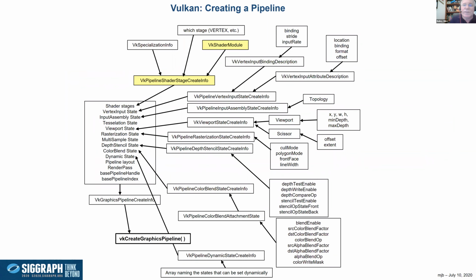So here it is in the whole big ugly pipeline block diagram. We're creating that, we're passing in that module. I suppose we could have put another arrow out here saying the file bytes go in there. But anyway, it fits into that overall pipeline data structure.